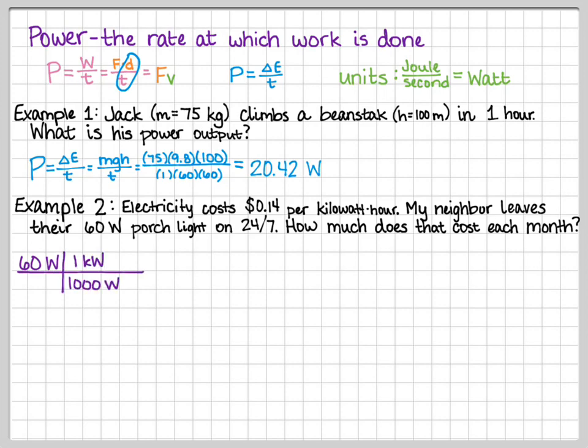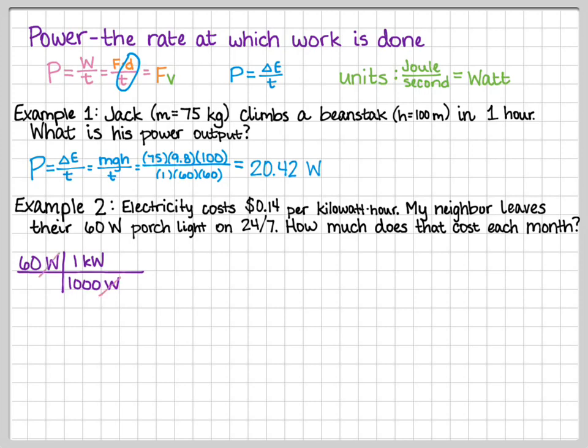And so we start out with a 60 watt light bulb. Electricity is costing 14 cents per kilowatt hour. I'm trying to get my units into power times time. So first I got to get the watts into kilowatts because that's what unit my price is in. So there are 1,000 watts in a kilowatt.